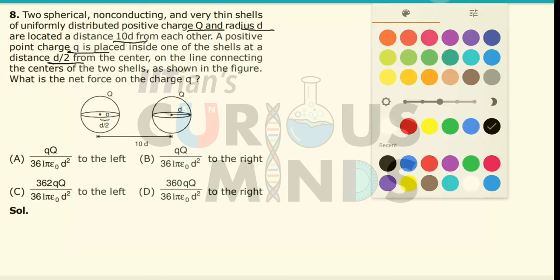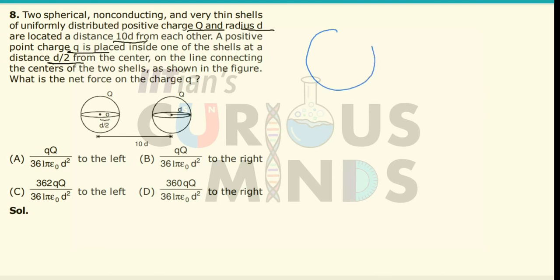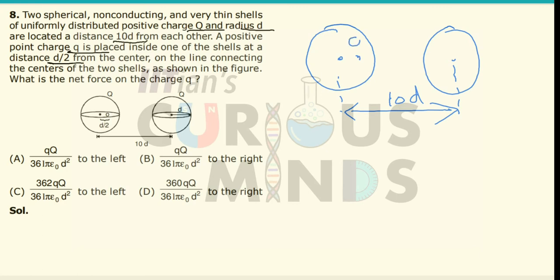If I draw these two shells, the distance between their centers is equal to 10d, d being their diameter. Now let us say this point is O, which is at a distance of d/2 from the center of one shell.